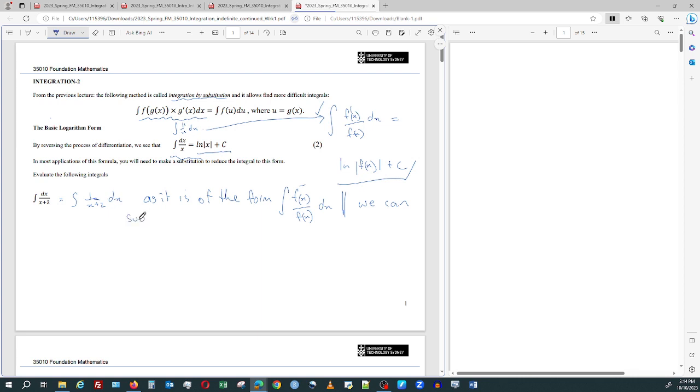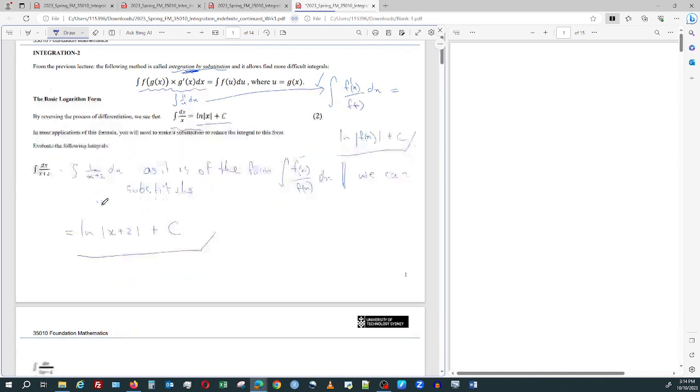So that's just a straight substitute. So the integral becomes the ln of x plus 2 plus capital C. Okay, very straightforward. So it doesn't matter if it's a more absorptive one; I would be encouraging you to do it this way rather than using integration by substitution.